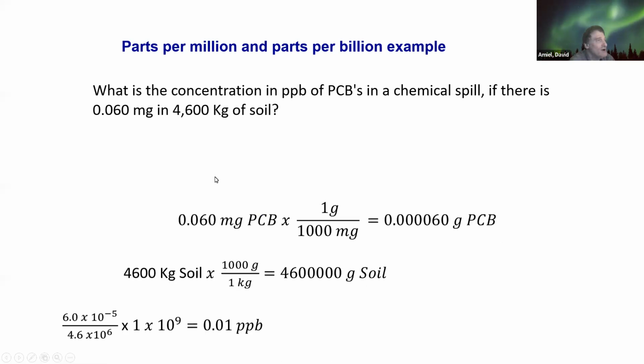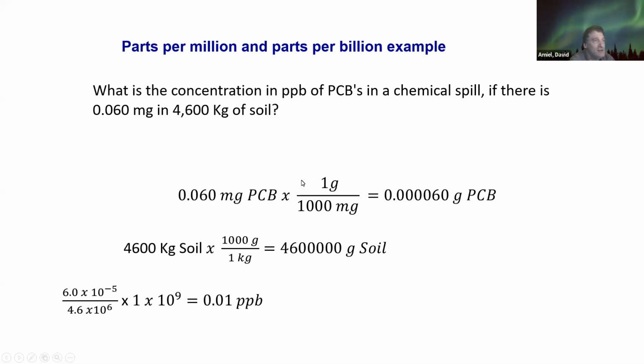I converted everything to the same unit. It doesn't matter which unit you convert to, as long as they are the same. I chose to convert everything to grams, so I converted milligrams to grams and kilograms to grams.